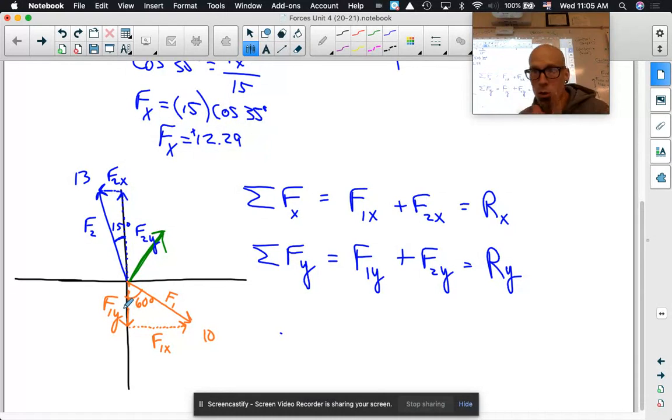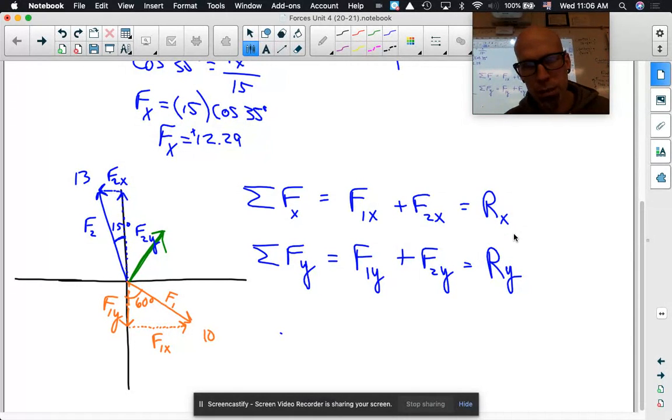So that gives you the x component of your green vector, and that gives you the y component of your green vector. And so from these two components, you can figure out how big the green vector is, how long it is, and what angle it is.